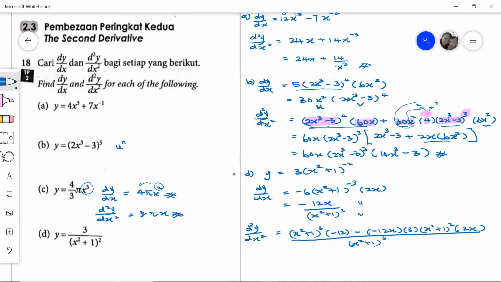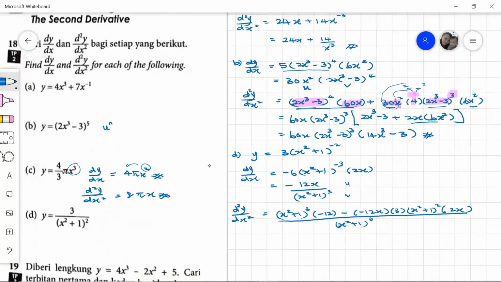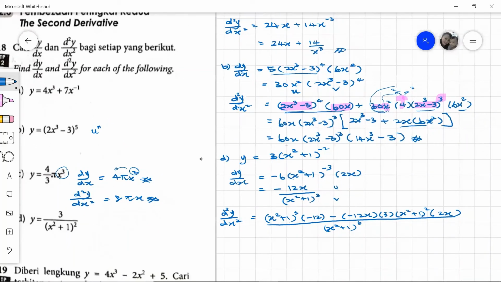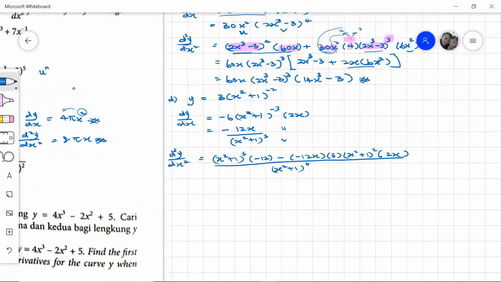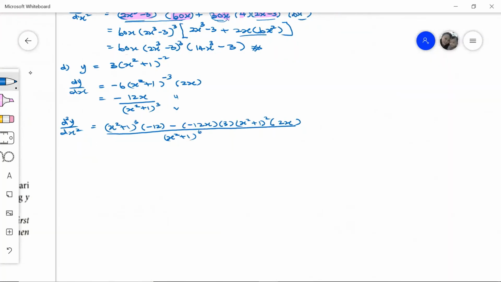Now the next step is to factorize it. Let's factorize this part. Now, identify the common factor. We have -12, and then we have x squared plus 1 to the power of 2. So let's factorize that.